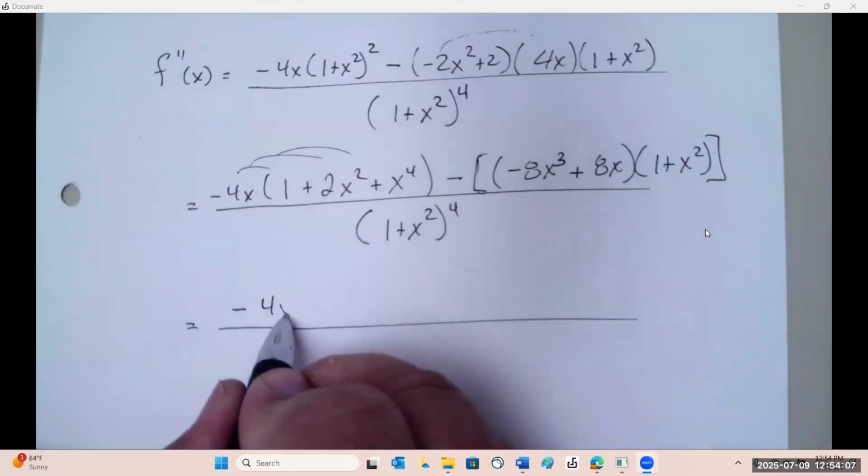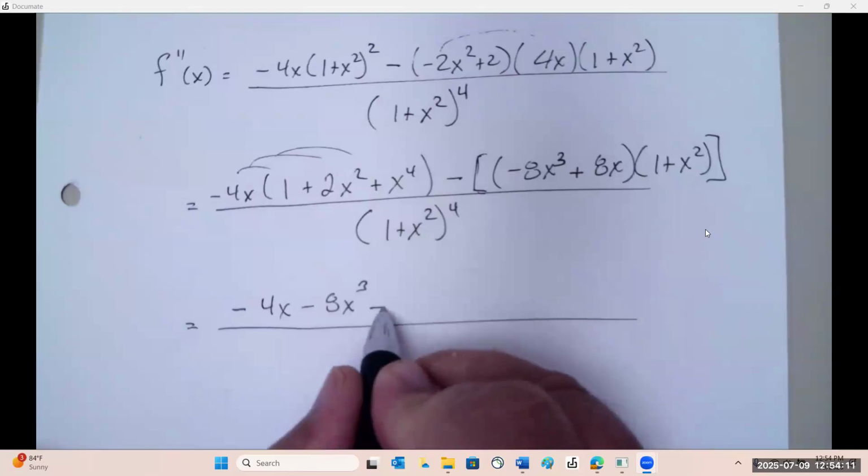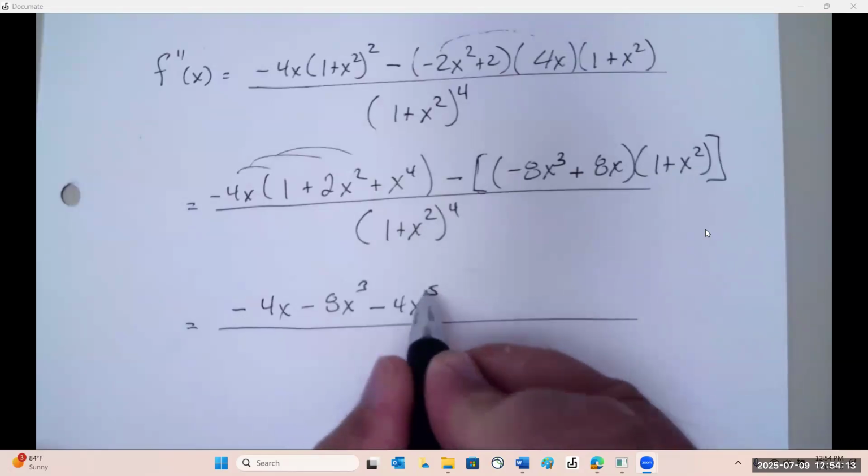So we get negative 4x minus 8x cubed minus 4x to the fifth.